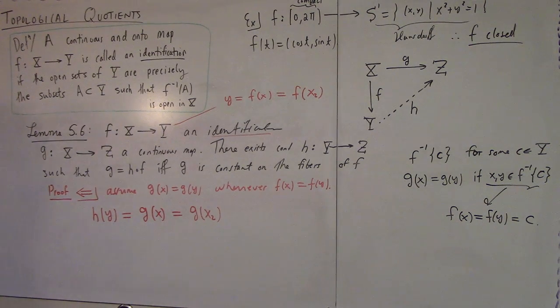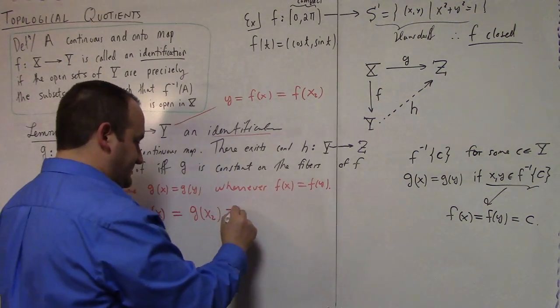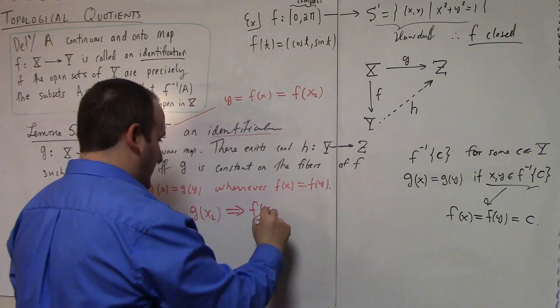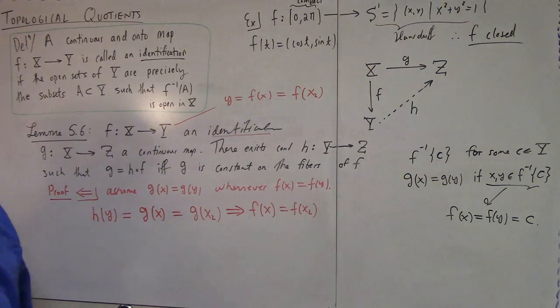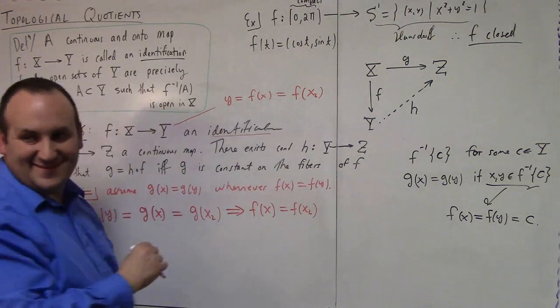But if that is the case, that's not a problem, because g of x equal to g of x2 is implied by f of x equals f of x2. These are both equal to the same y.